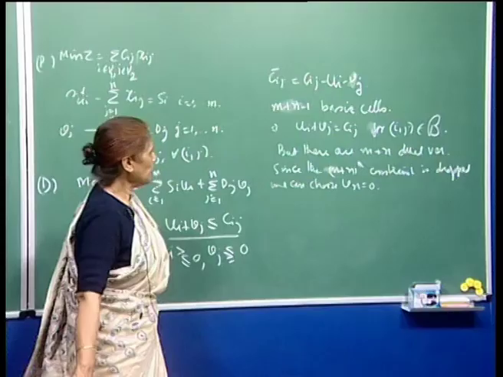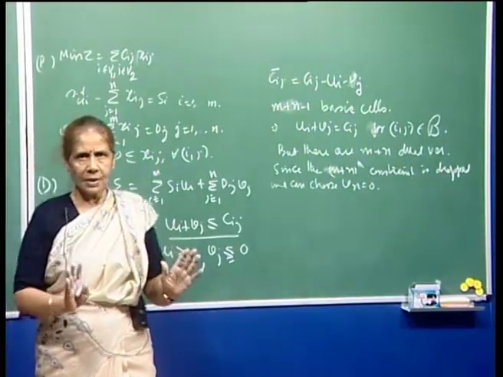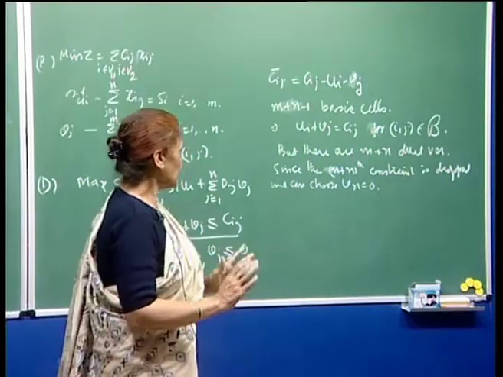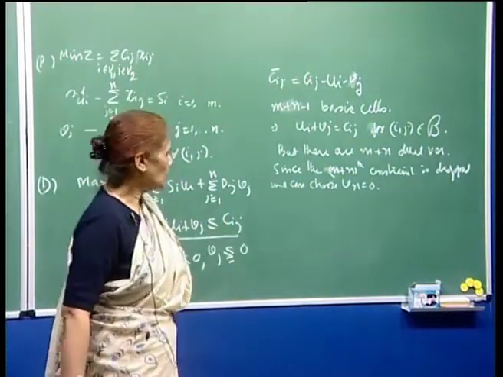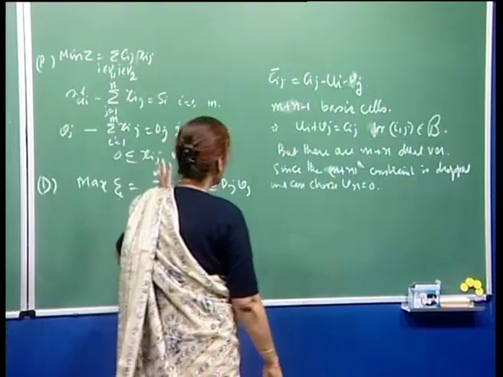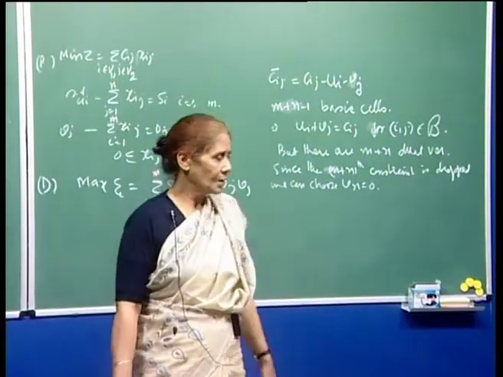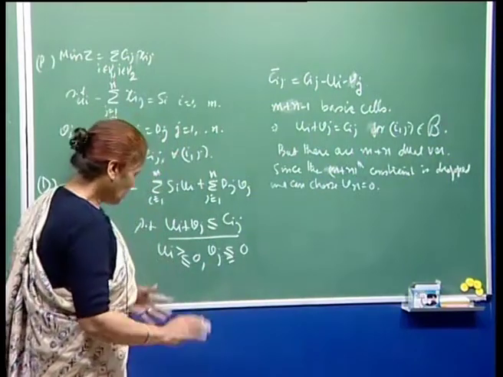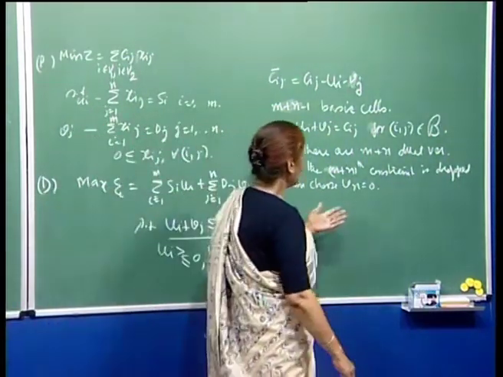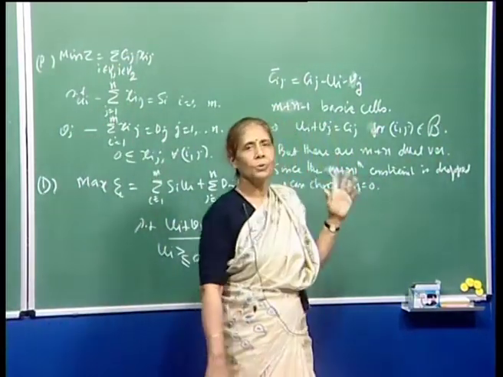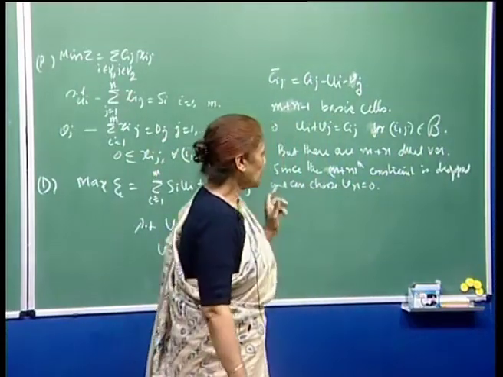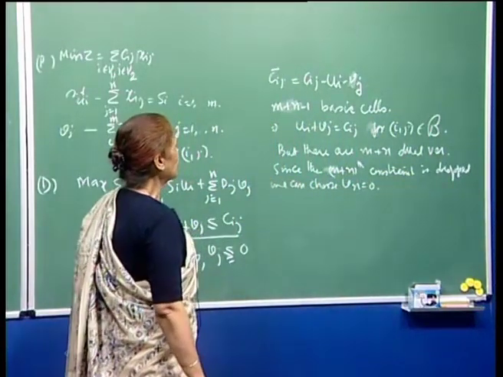Once I choose v n to be 0, because the last constraint is dropped, then the product will always be 0, right. And in any case, it is a balanced problem. If you are working with a feasible solution all the time, then the last constraint is anyway satisfied. So, actually it is not really important that you choose v n as 0, you can choose v n to be any number, because the last constraint will automatically be satisfied.